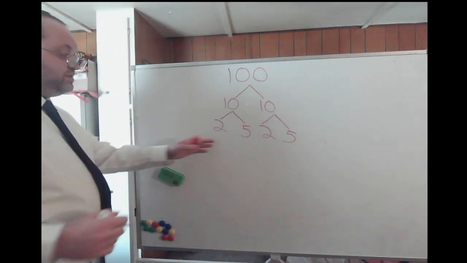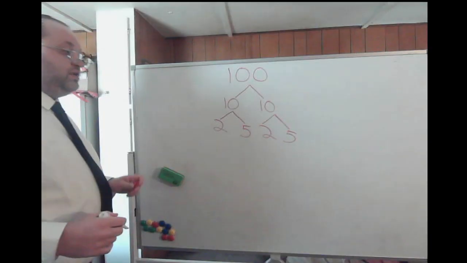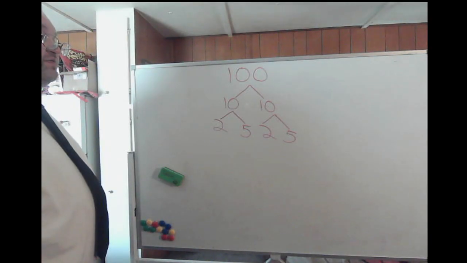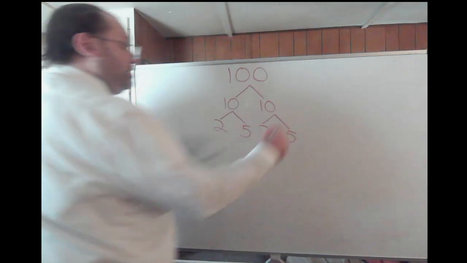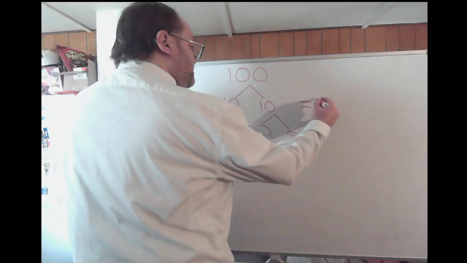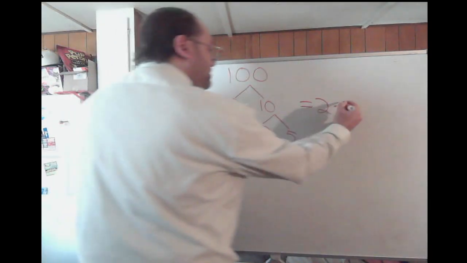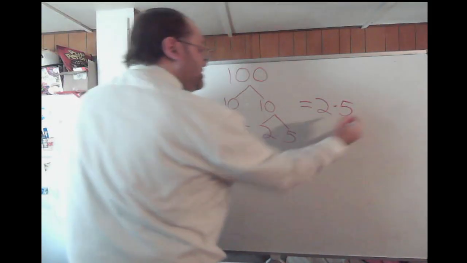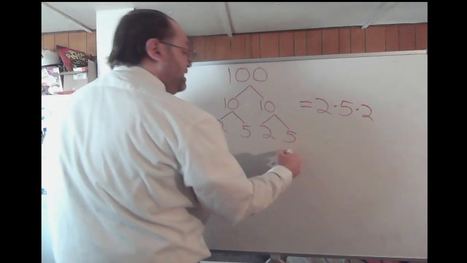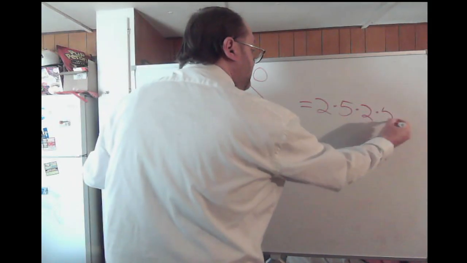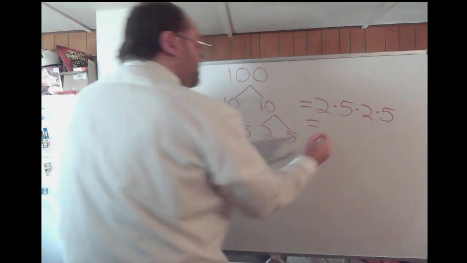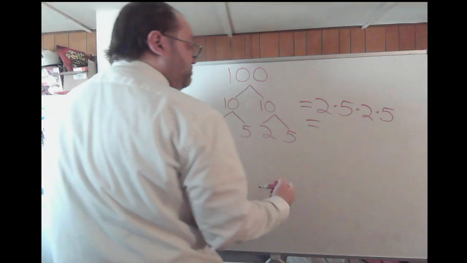Can we factor the 2s or the 5s any further? No, they're both prime numbers. You can't factor any further. So your prime factorization is going to be 2 times 5 times 2 times 5. Which, we know we have 2 times 2. We have 2 twice.